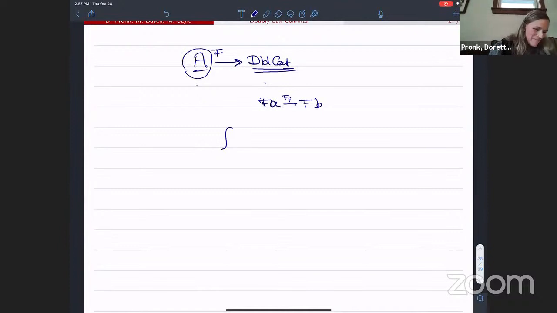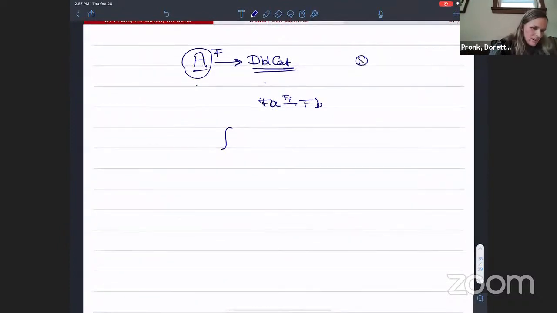I can see this, of course, as a functor from QA to DoubleCat, and then I can do the construction. I can also see it as a functor from VA to DoubleCat, and I can see it as a functor from HA to DoubleCat.